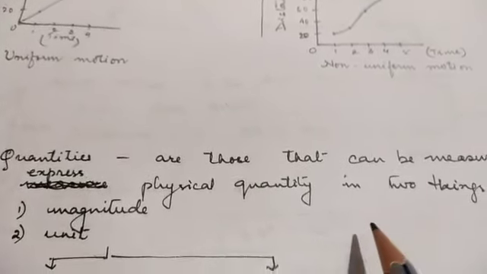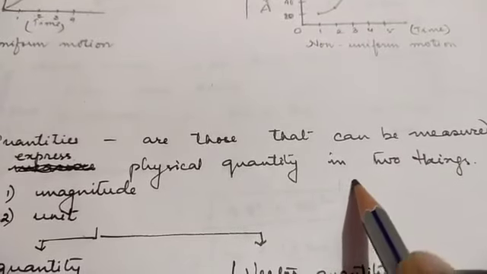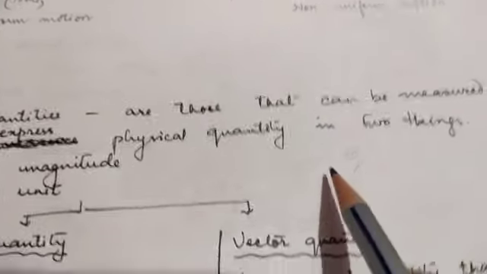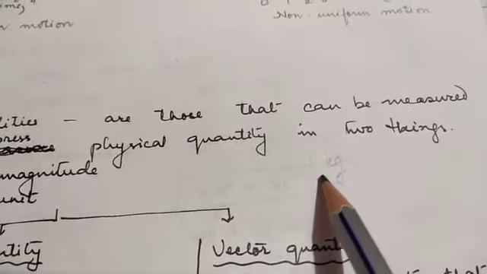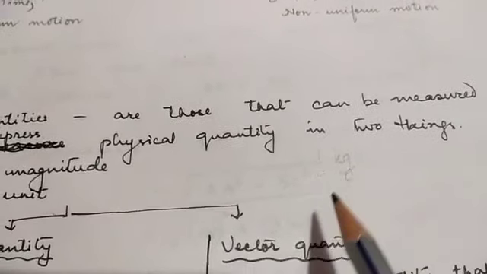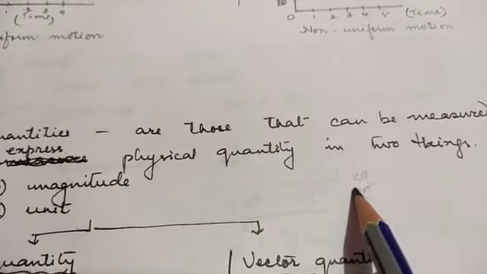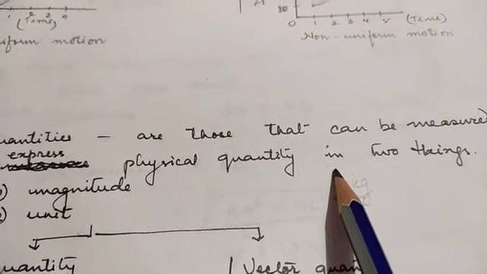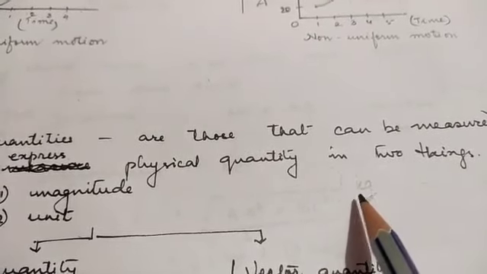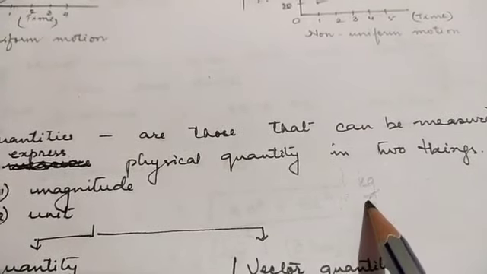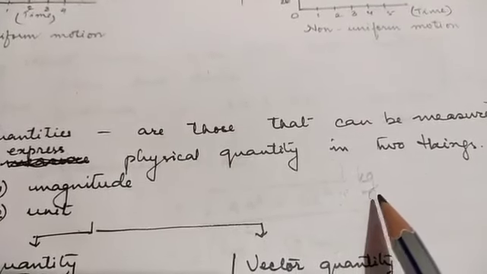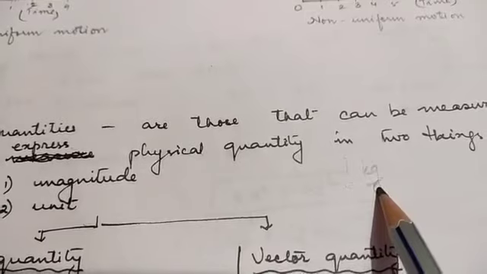Here if you are asking for 1 kg of potatoes, this 1 is what? The magnitude, and this kg is the unit. So a physical quantity always has a magnitude and it has a unit in which it is expressed.